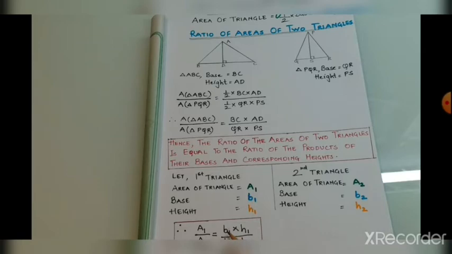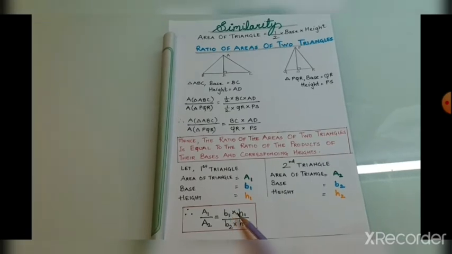For A1, B1 is the base and H1 is the height, so the product upon the product of the base and the corresponding height of the second triangle. So in general, the property is written as A1 upon A2 is equal to B1 into H1 upon B2 into H2.